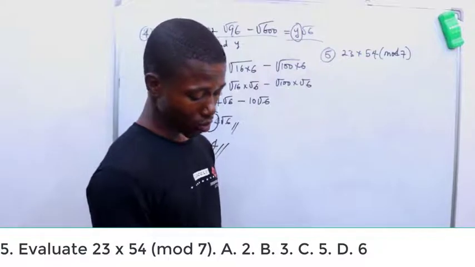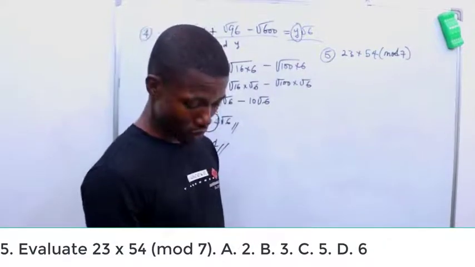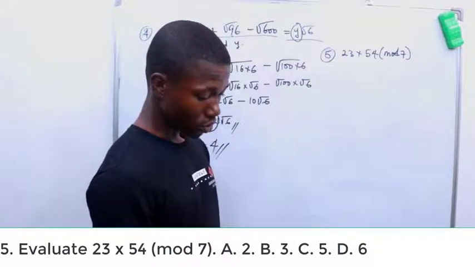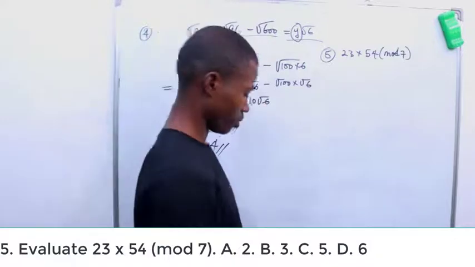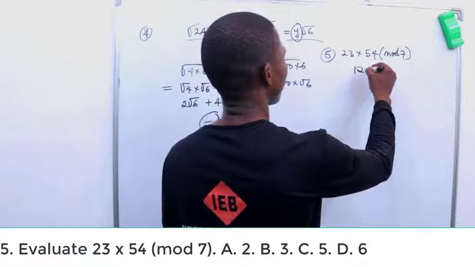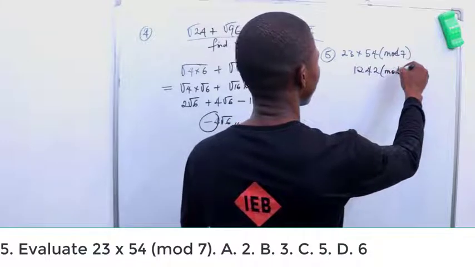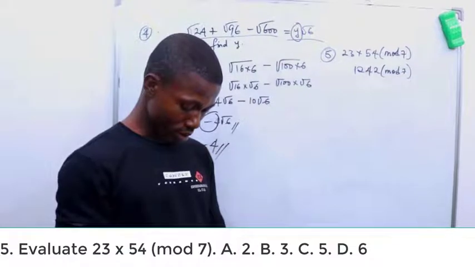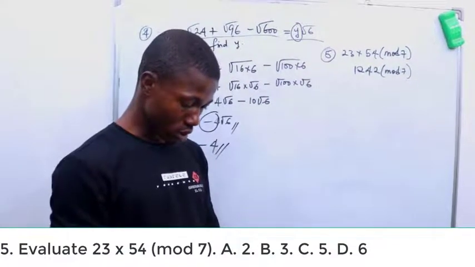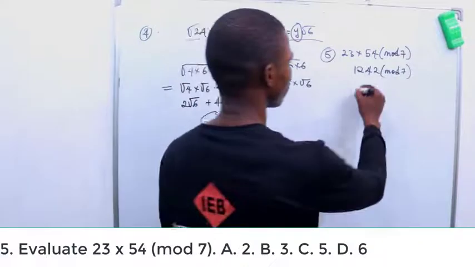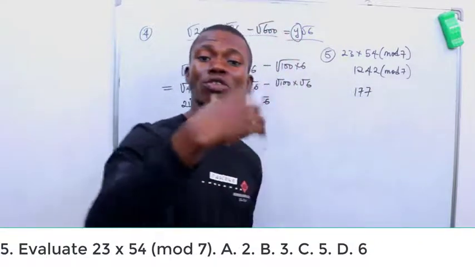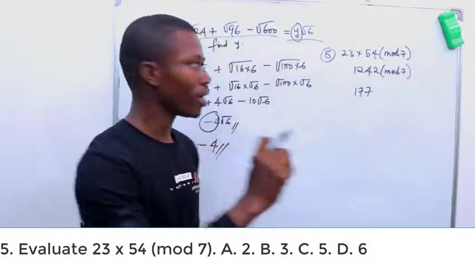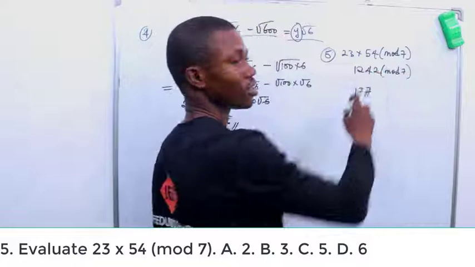So 23 times 54 will give us 1242. Then 1242 mod 7, divided by 7, will give us 177 point something. So what you just need to do is write out the whole number, multiply it by 7, and subtract it here, you get your remainder.